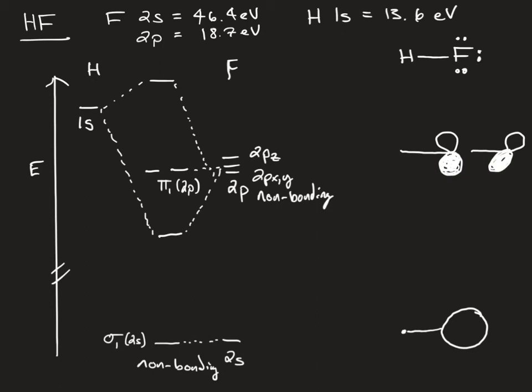This bonding combination from the hydrogen and the fluorine, it's closest in energy to the 2pz orbital and further away from this hydrogen 1s. Because of that, it's going to have more fluorine 2pz character to it than hydrogen 1s. So what this orbital is going to look like is it's going to look something like this.